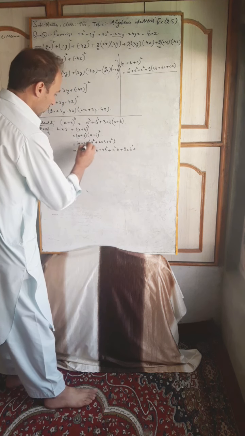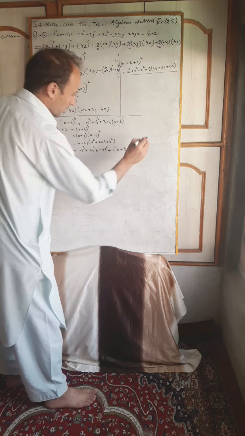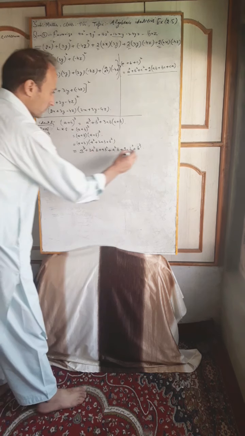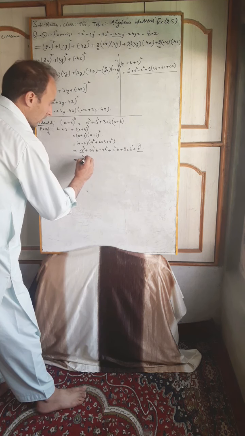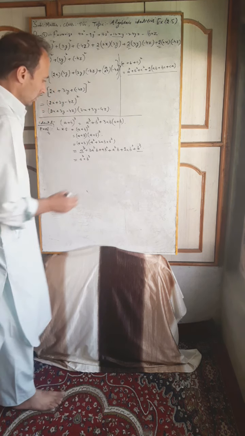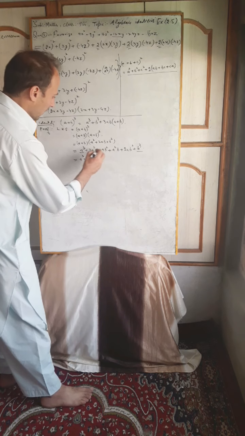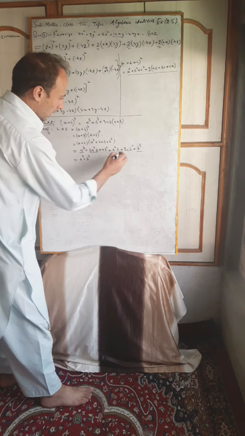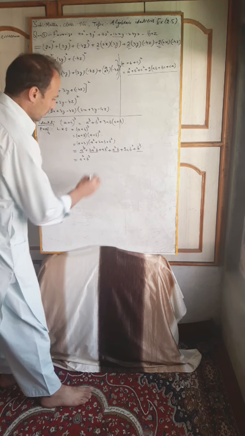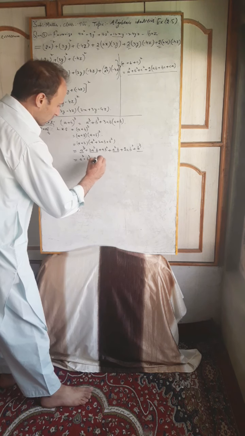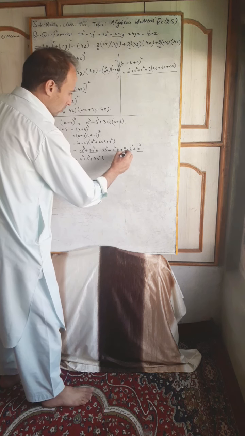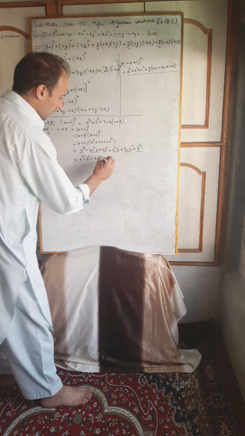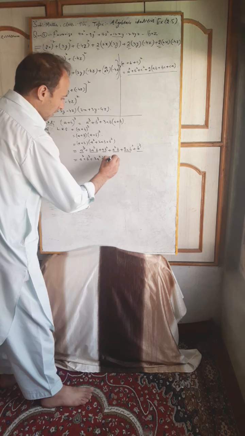Here, sorry, a into a square is a cube, plus b cube. So it will be equal to a cube plus b cube plus. Here we are having 2a square b, and here again we are having a square b, meaning it is 3a square b, and here we are having ab square plus 2ab square, meaning it will be equal to 3ab square.